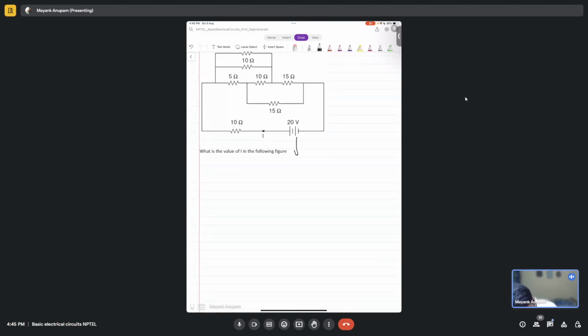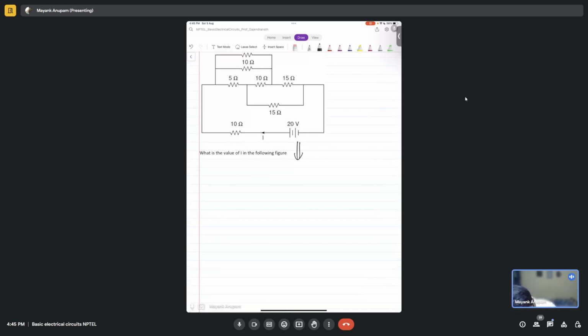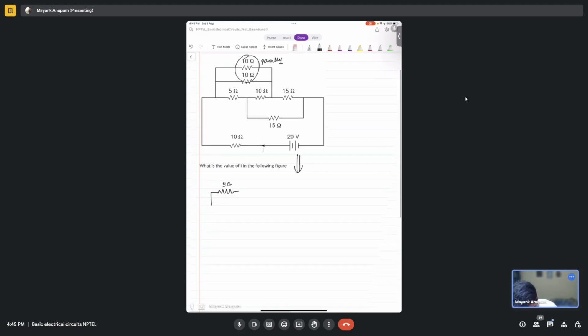So we'll just go one step here with this condition that we have. This is 10 ohm and 10 ohm in parallel, right? So this will simply become 10 by 2, which is simply 5 ohms, right?